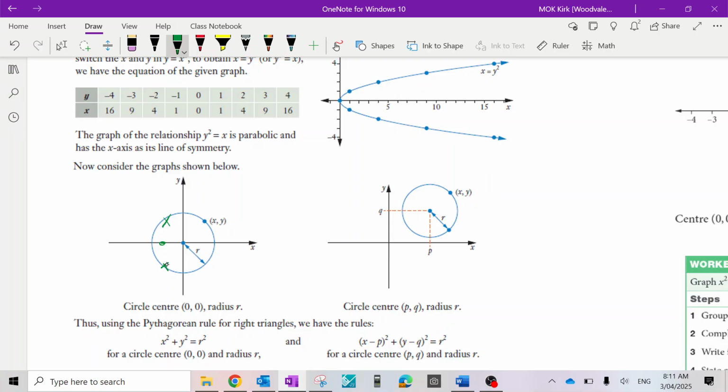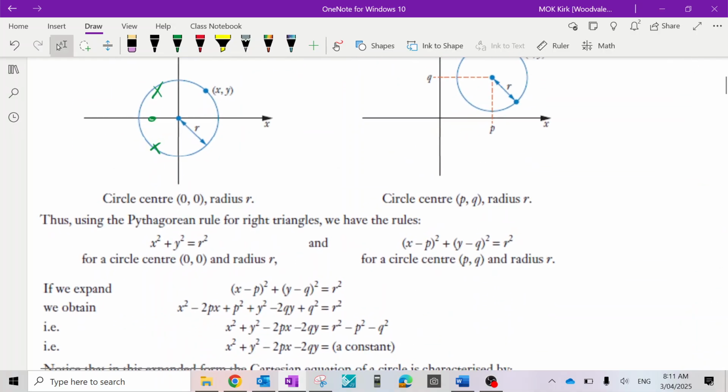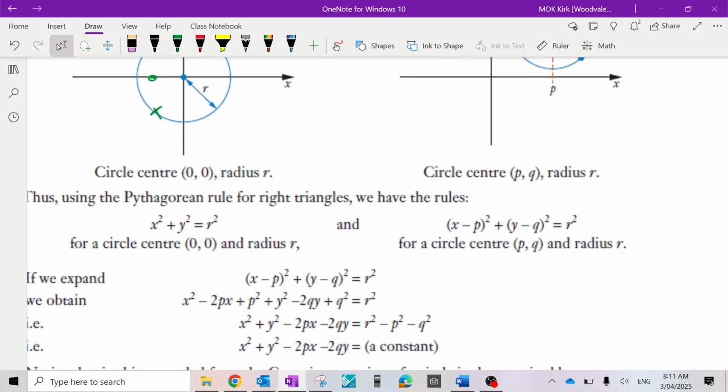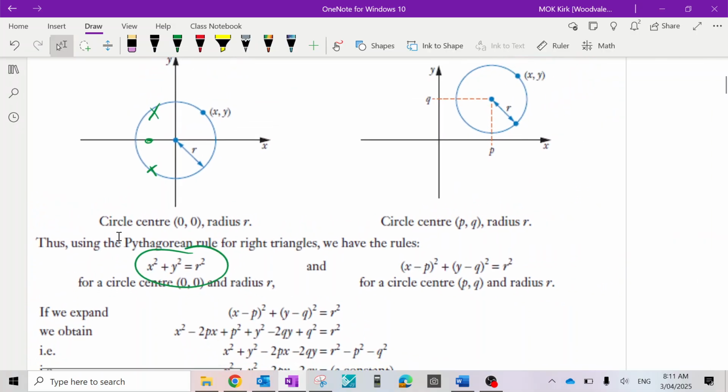You guys hopefully recall that our basic function of a circle is what is represented here. x squared plus y squared equals r squared, where x and y are your center points for your x and y coordinates, and r squared is the size of your circle.